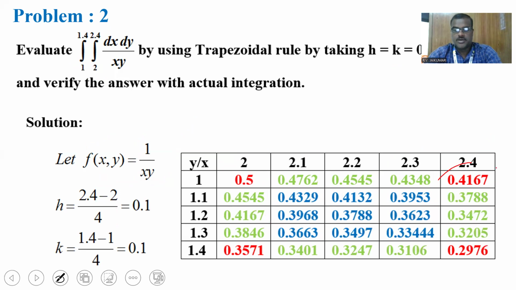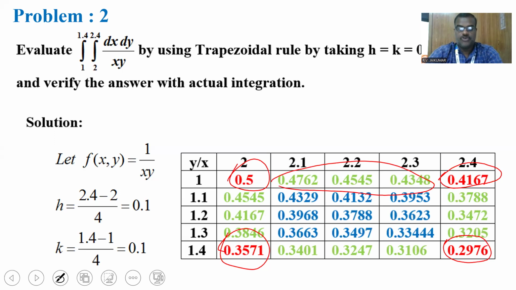One is corner. The corner values are indicated by the red colors. As you can see on the screen, you can easily understand first term of the formula. Corner values. Second term is boundary values except corner. First row, last row, first column, last column. Right? The boundary values except corners.